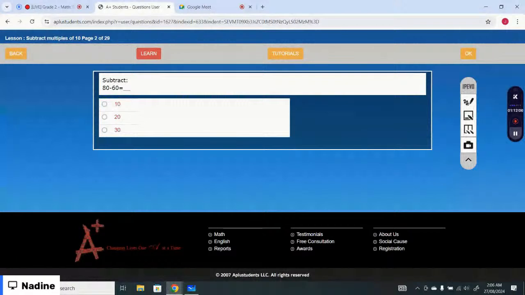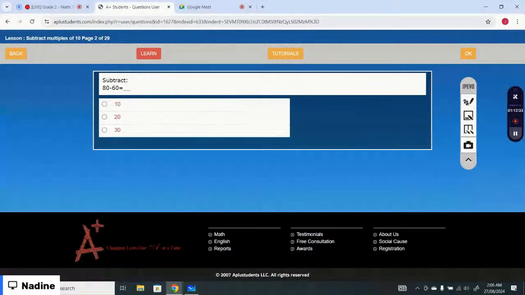The next one is 80 take away 60. So how do we subtract 80 take away 60? They both have 0 at the end, right?